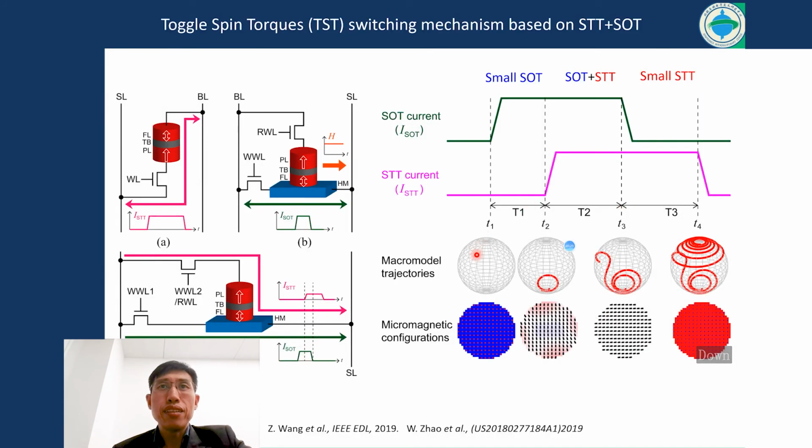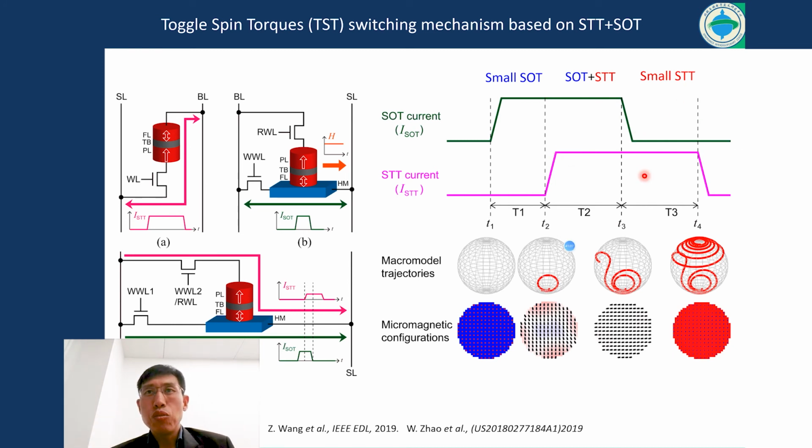So let's see the example of using STT plus SOT. Firstly, we need to send the SOT. In this case, we put the magnetization from perpendicular to in-plane, and then we send these two currents at the same time, and we switch it from this direction to this direction.